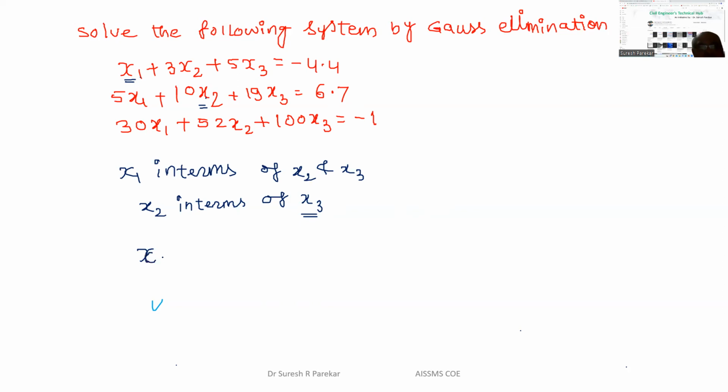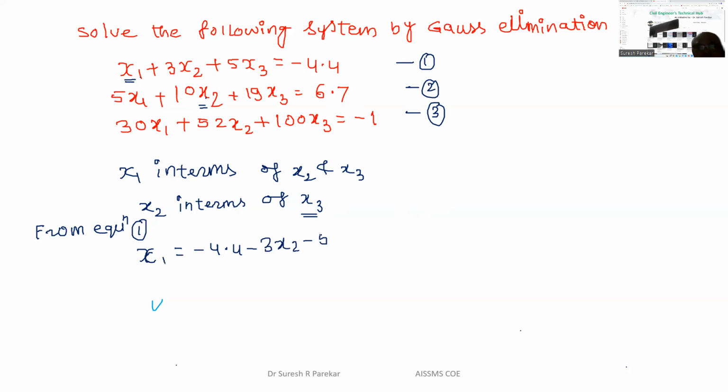So now here we will get x1 from equation 1. I will write equations 1, 2, and 3. So from equation 1, we have x1 equal to minus 4.4 minus 3x2 minus 5x3.